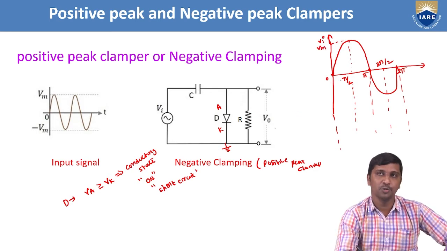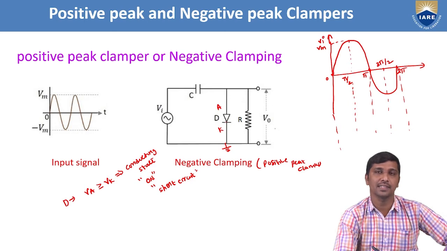So during this 0 to pi duration, the anode voltage becomes larger with respect to the cathode voltage. Hence, the diode enters into the forward bias mode and acts as a conducting state. Under this conducting state, the diode is replaced with a short circuit model.